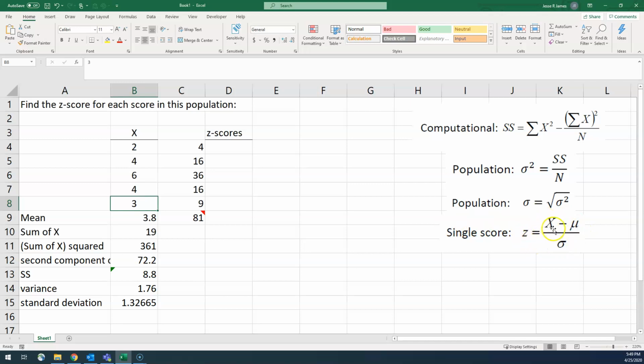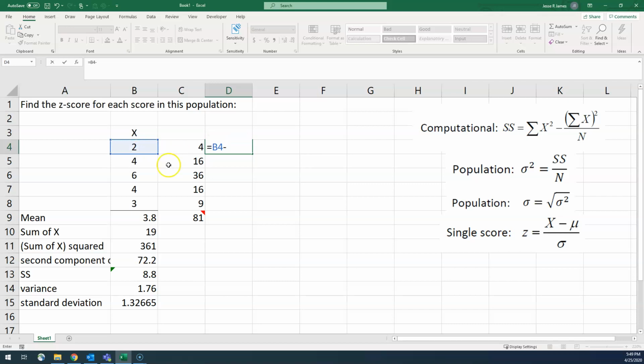So what I need to do is take the original x, which is here, minus the mean, which is here, and then divide it by the standard deviation, which is here. So I just come here and I write equals the original x minus the mean. But of course I want to use the same cell for the mean every time, so I push F4, and that includes dollar signs around the B and the 9, and that will indicate for the computer that I never want to use anything except for B9 as the mean.